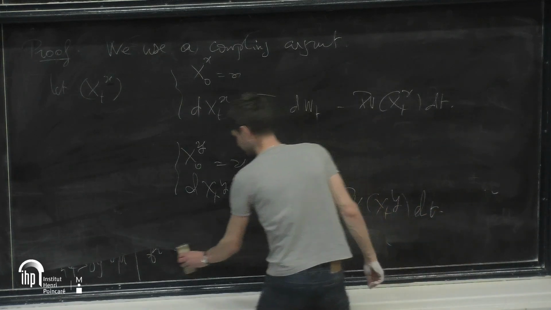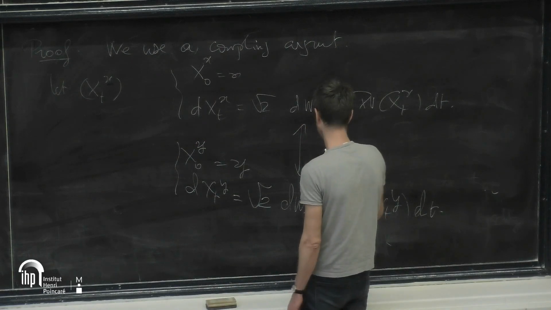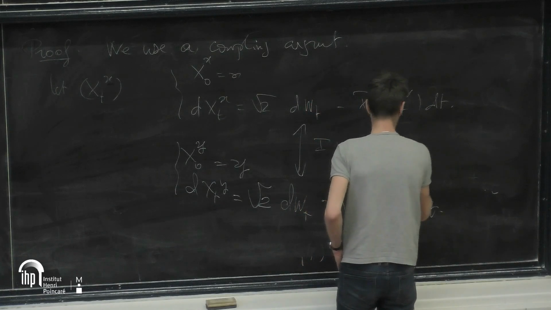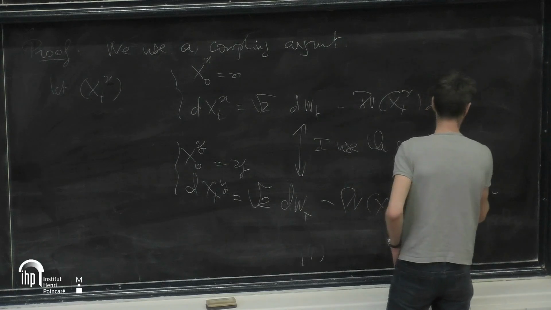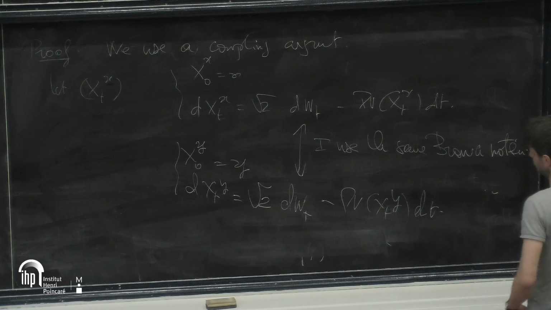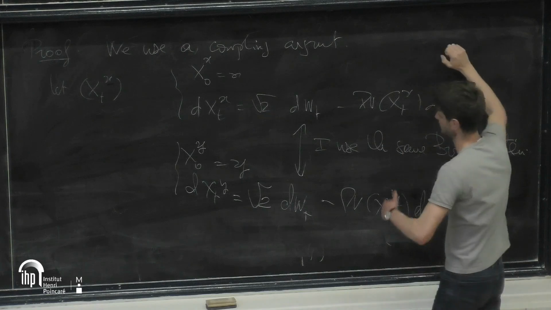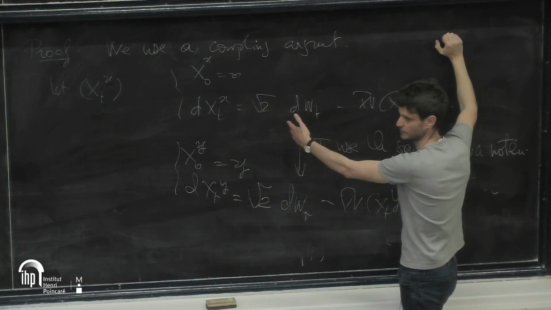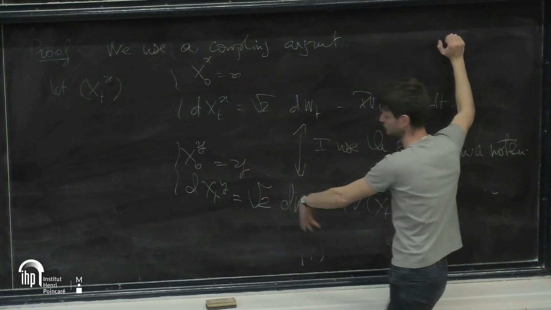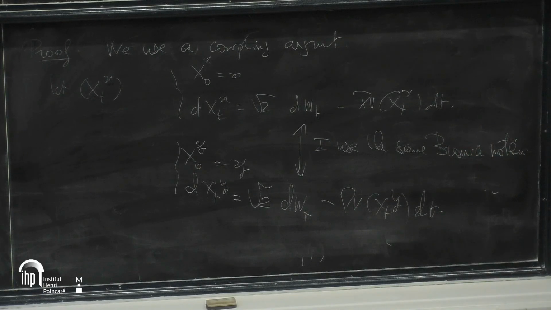And here, let me emphasize the fact that I use the same Brownian motion. So this diffusion, you see, is like a gradient descent, except that you also add noise. Here I start from x and I start from y, but I use the same noise. So this is a coupling argument.